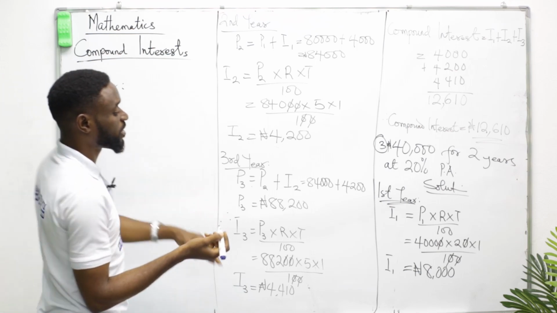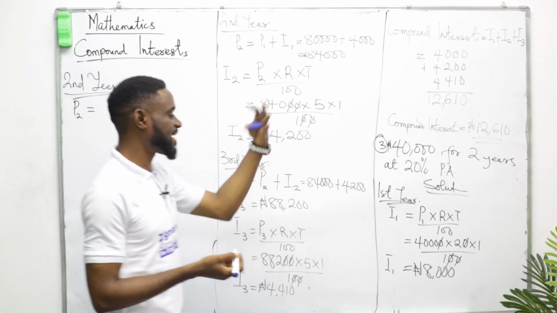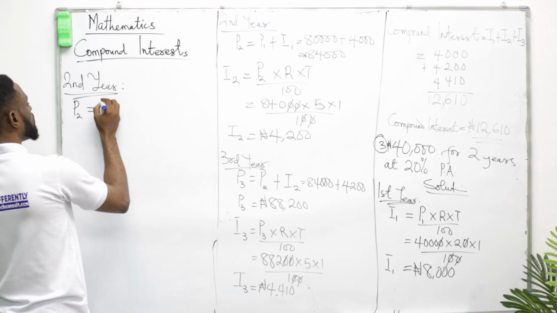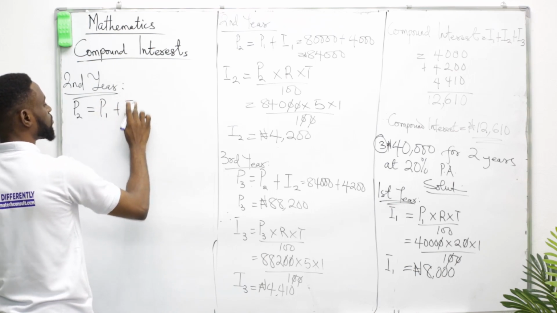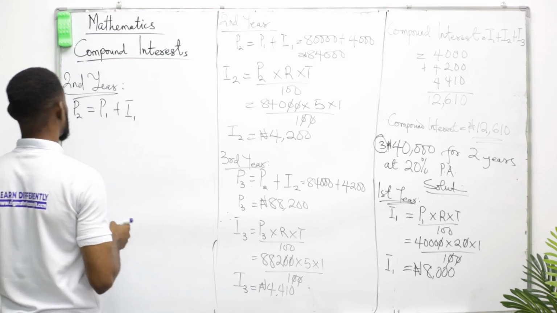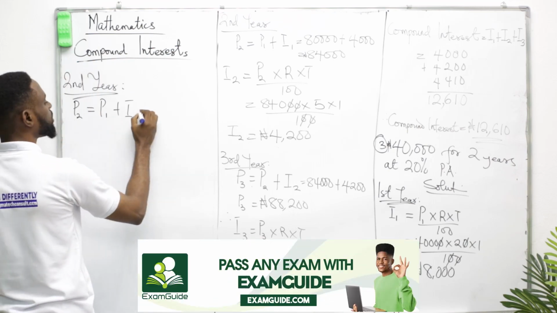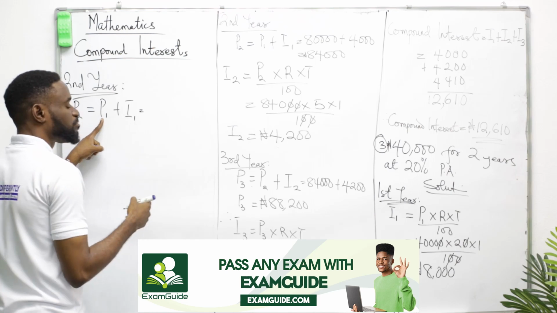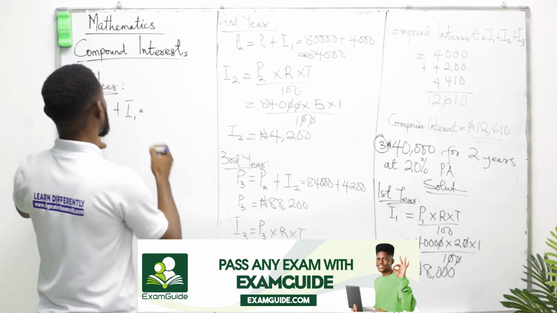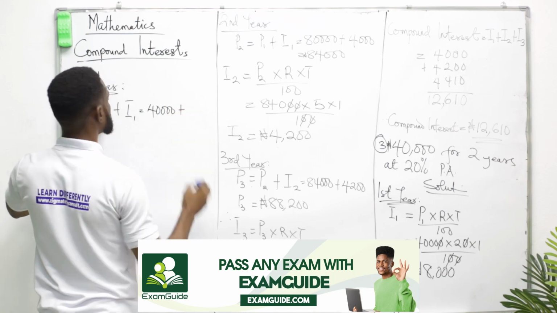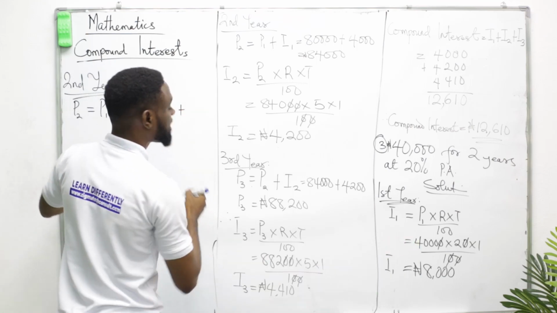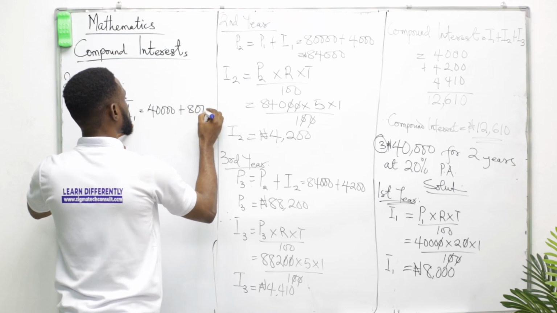The principal will be the principal of year 1 plus the interest I1. So the principal of the first year is 40,000 plus the interest, 8,000.